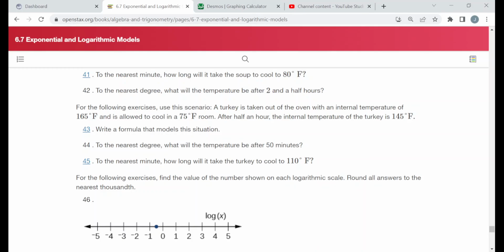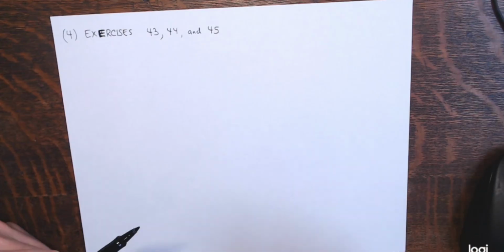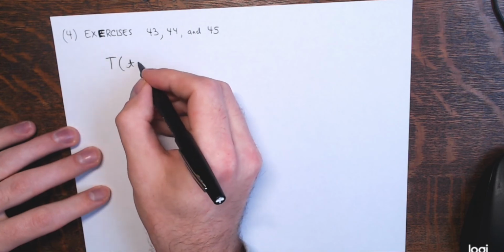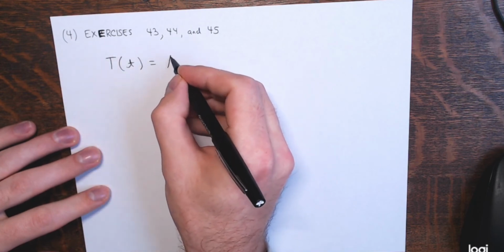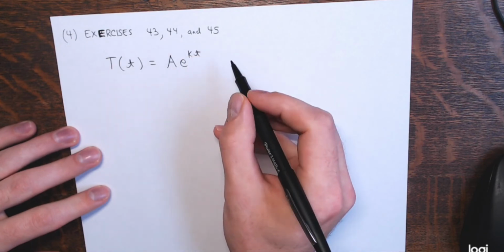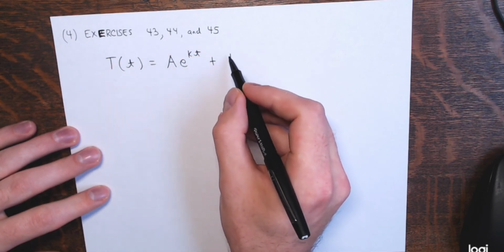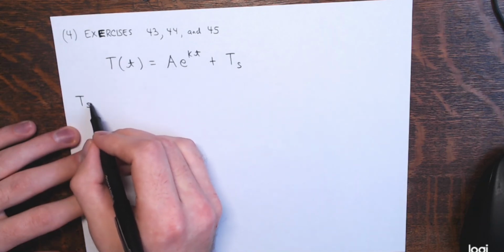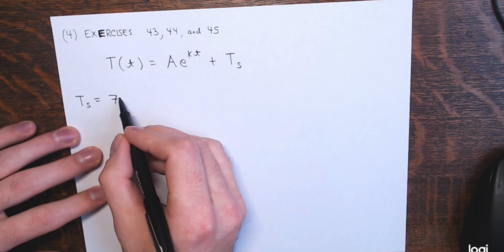Right, so first I'm going to write a model. Again, the cooling model, same thing every time: T of t equals A times e to the kt power plus T sub s. But for this one, T sub s, the temperature of the surroundings, is 75 degrees Fahrenheit.